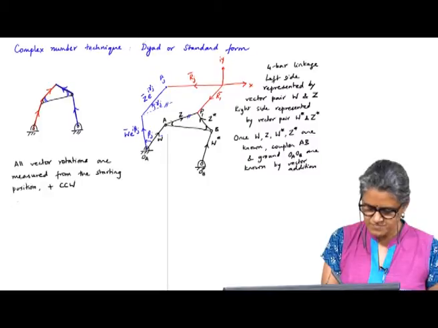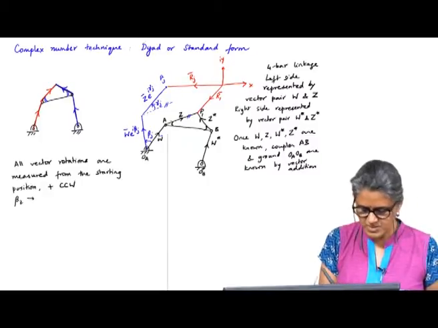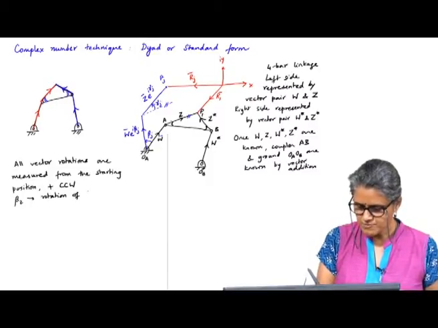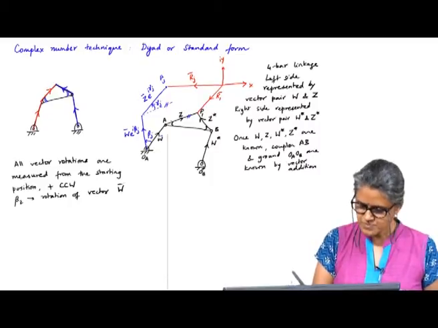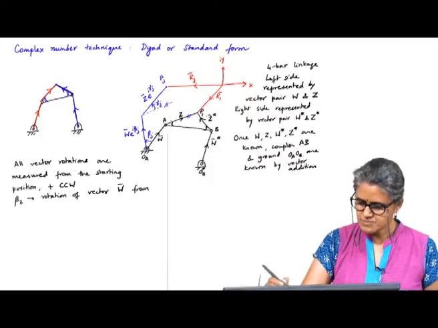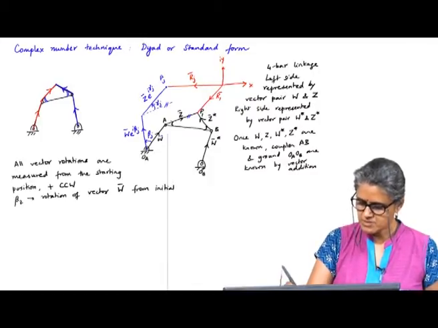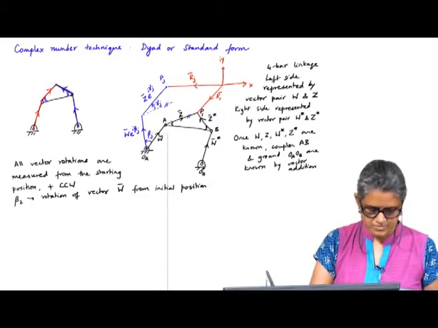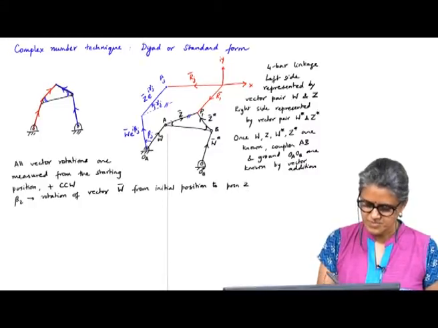So, here for instance beta 2 is the rotation of vector W from initial position to position 2, and so on.